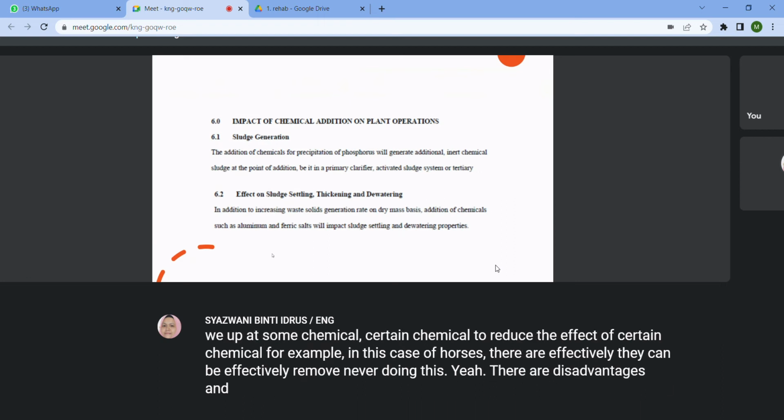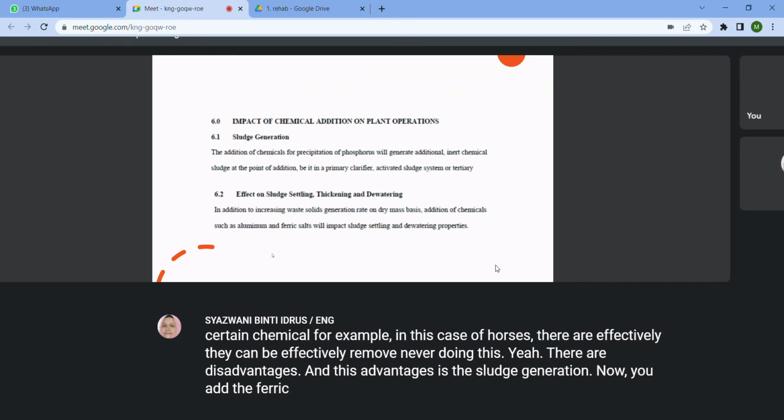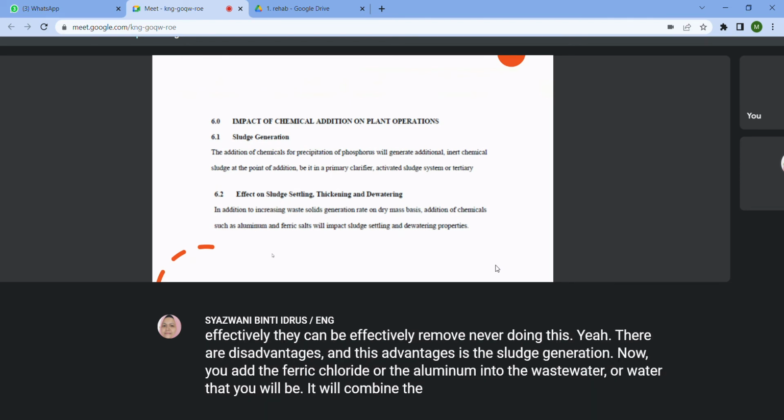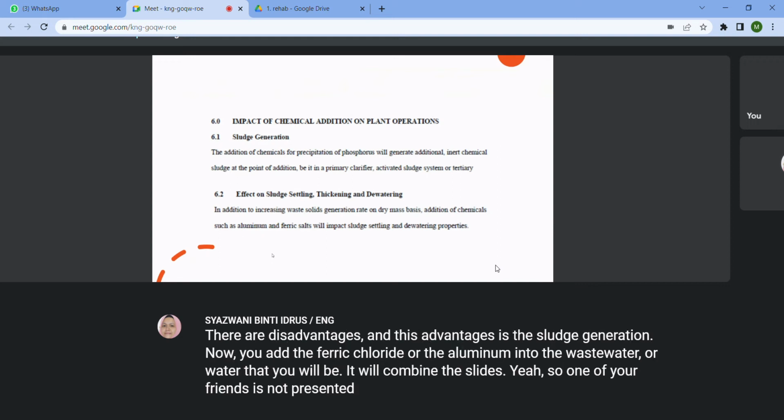The disadvantage is the sludge generation. When you add ferric chloride or aluminum into the wastewater, it will combine with the sludge. One of your friends is now presenting this in her assignment.